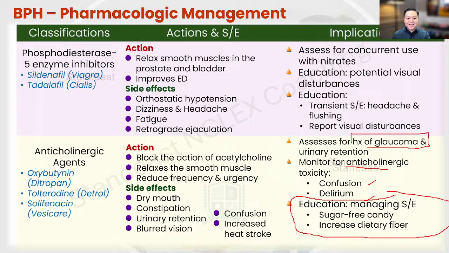And again, NCLEX would like to ask these simple questions. Very easy questions, but sometimes you will neglect this. So I would rather have you dig deeper into the basic nursing interventions that would really keep our patients safe. The basic ones are actually the common ones that would come out.